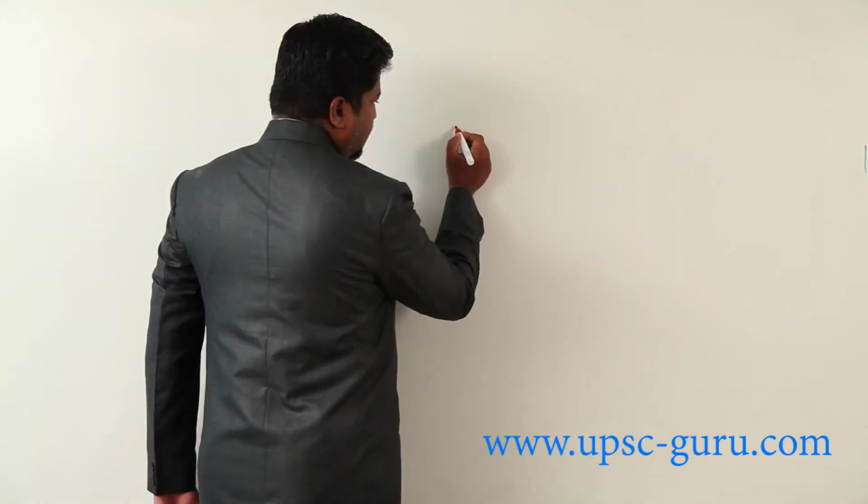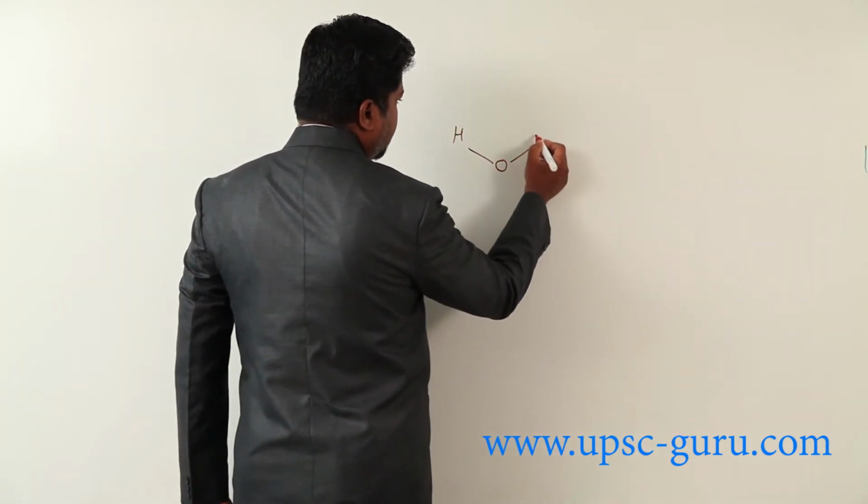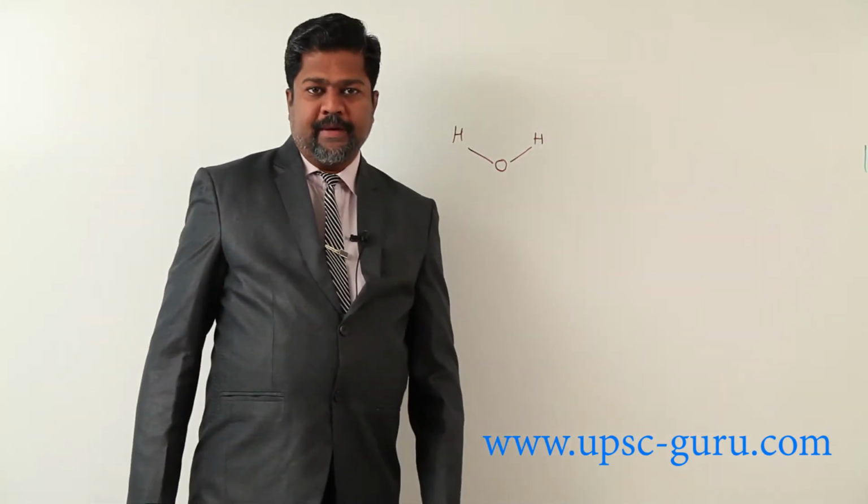So first, we are discussing the nature of the water molecule, because when we are discussing various facts about solubility, the majority of the time we are using water as the solvent, sometimes alcohol or benzene. Now you are aware of the water molecule structure. This is H-OH bonding.